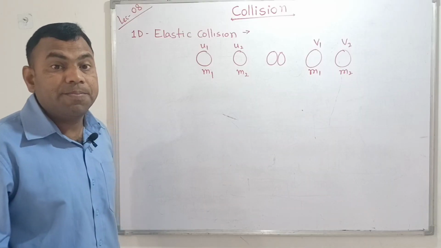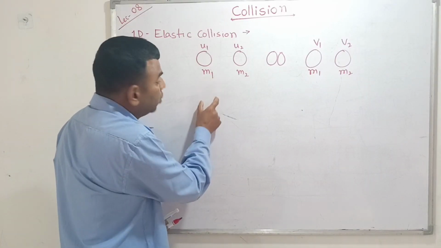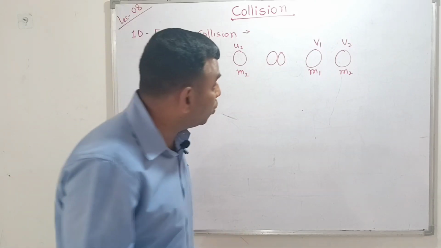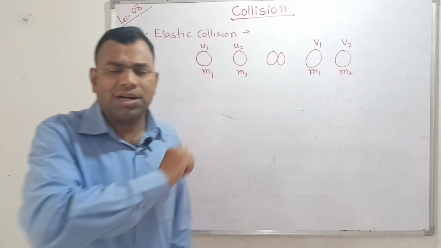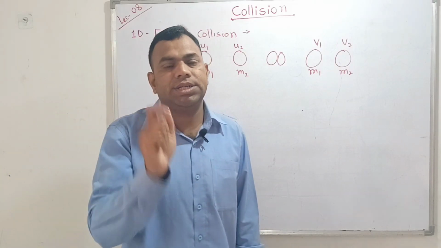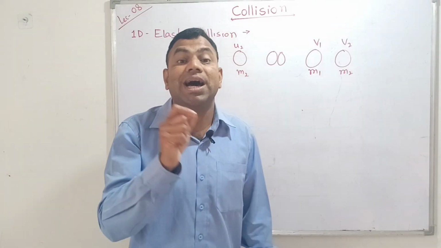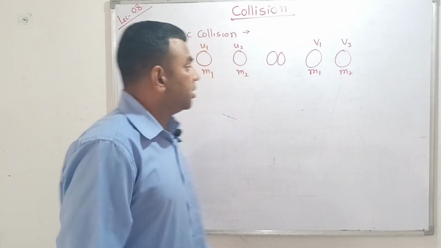So what is our aim? This is known, m1 and m2 we know, u1 and u2 we know, but we don't know v1 and v2. So since there is a condition, we apply the condition and we will try to find out the velocities v1 and v2, that are unknown quantities. Correct? Okay.